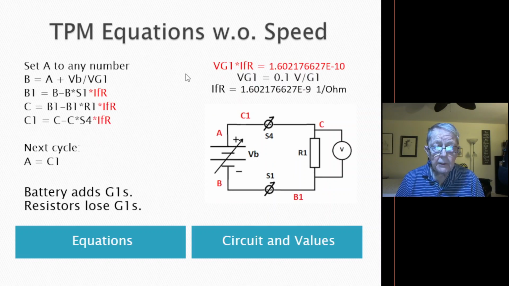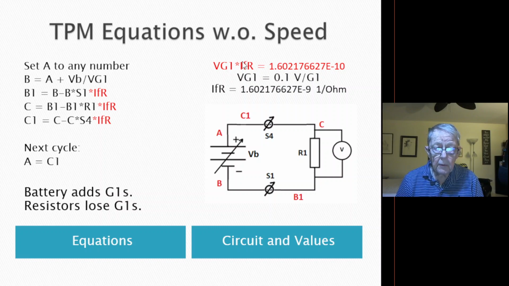That's the standard model. Now, TPM says differently. TPM equations without speed. I've shown these equations many times. I use a spreadsheet to do the calculation. You set A to any number, and B is equal to A coming in plus the voltage of the battery divided by VG1. And these are the values I typically use for VG1 and IFR.